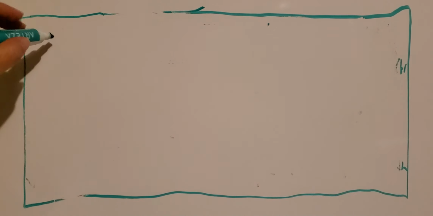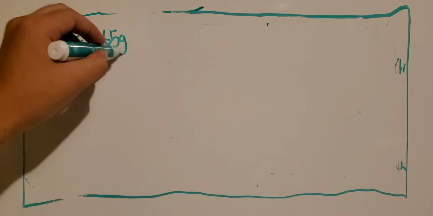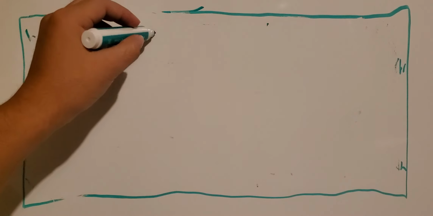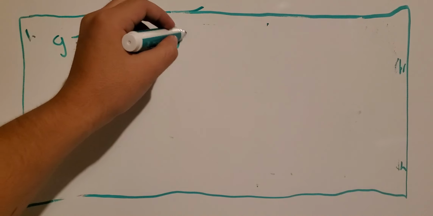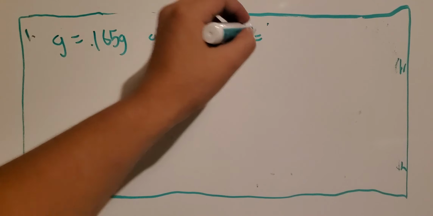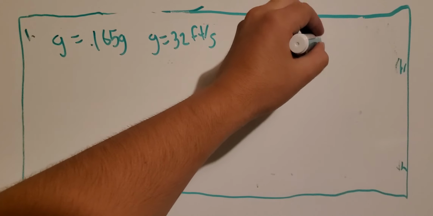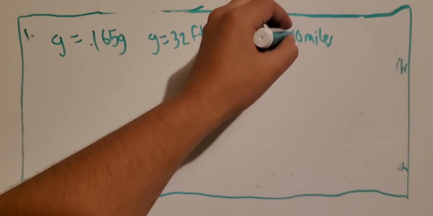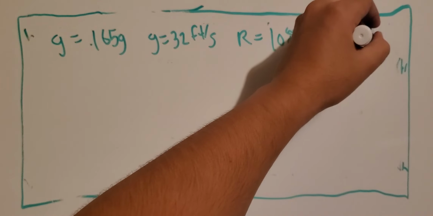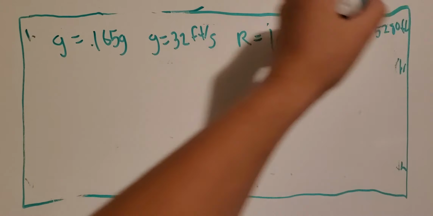Now for our last portion, part D. We are given these variables: g is equal to 0.165 g's, but from the previous equation, our g is also 32 feet per second squared. And now the radius is different. The radius is now 1,080 miles, and again, 1 mile equals 5,280 feet.